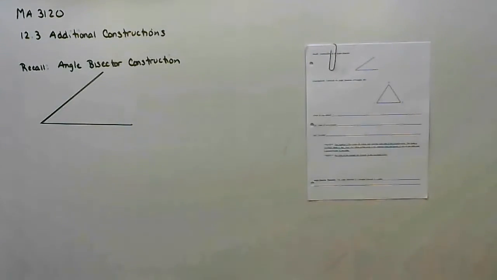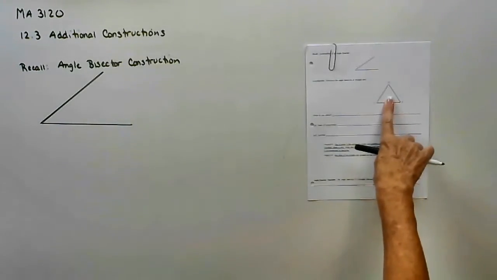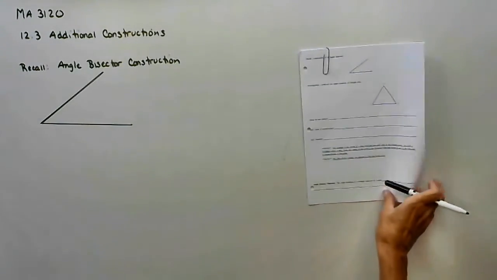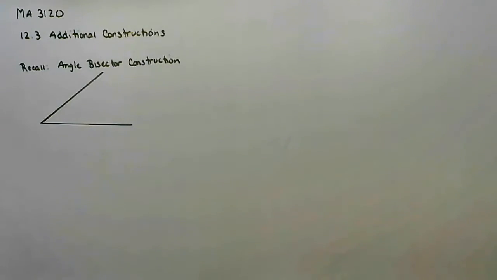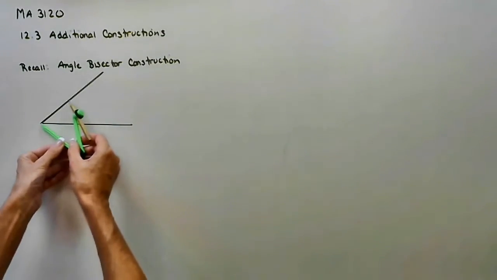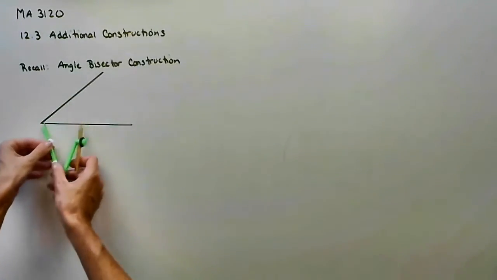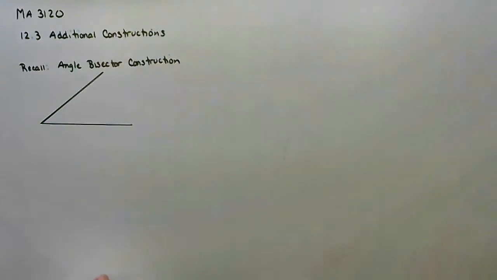So let's bisect that angle before we look at what happens when we bisect all three angles of a triangle. In order to do an angle bisector, we're first going to open our compass up. It does not matter how far. You're going to open your compass up and swing an arc that will intersect both sides.